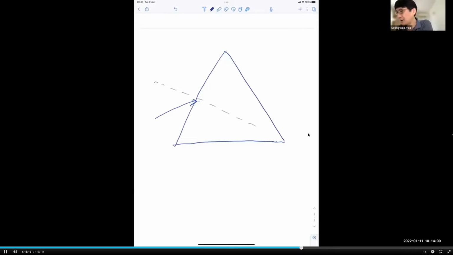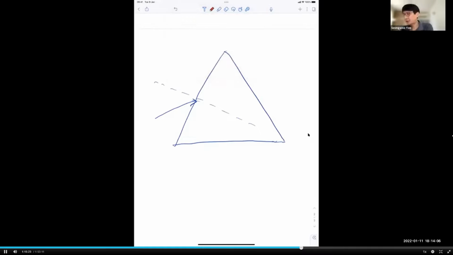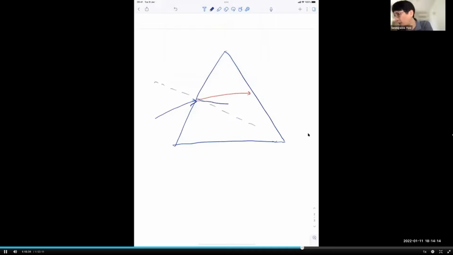This incident light will spread into the rainbow colors, with the red color on the top and the blue color on the bottom, and then they will refract out to the air like this.